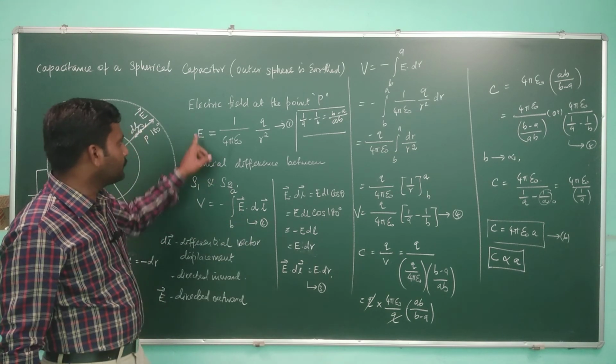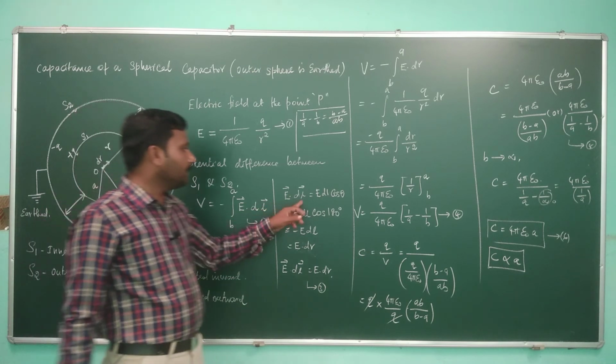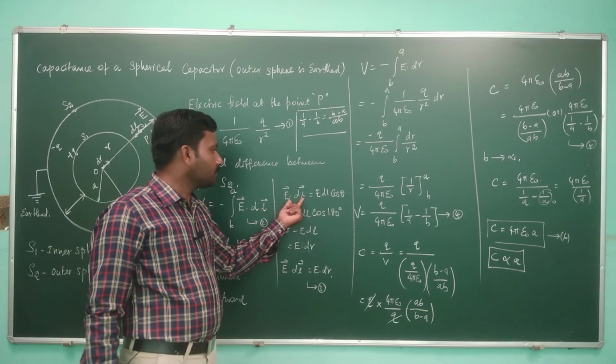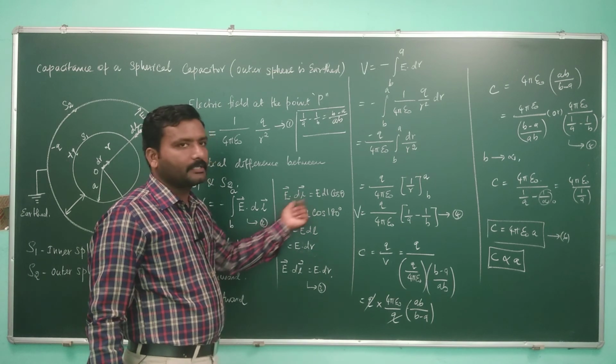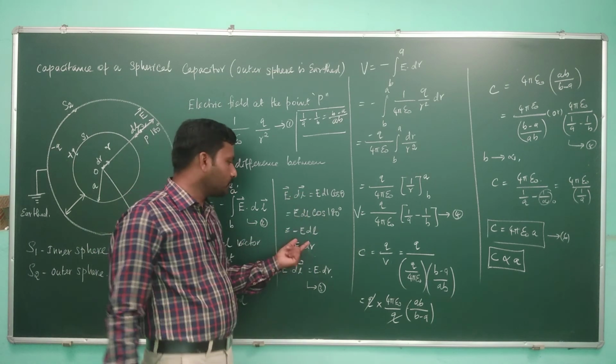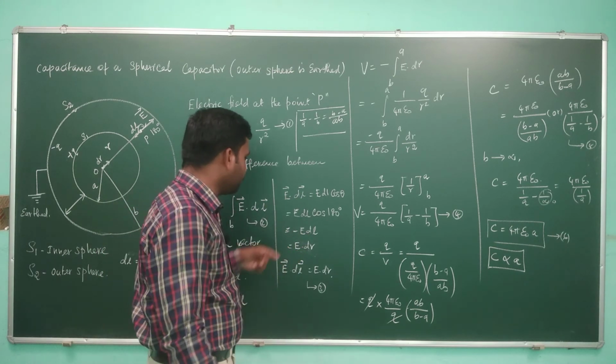But before substituting this expression, we have to remove the vector. For that, you can write E dot dl in terms of cos theta. The angle between these two vectors is 180 degrees, cos 180 is minus 1. So E dot dl becomes minus E dl in magnitude, without vector.